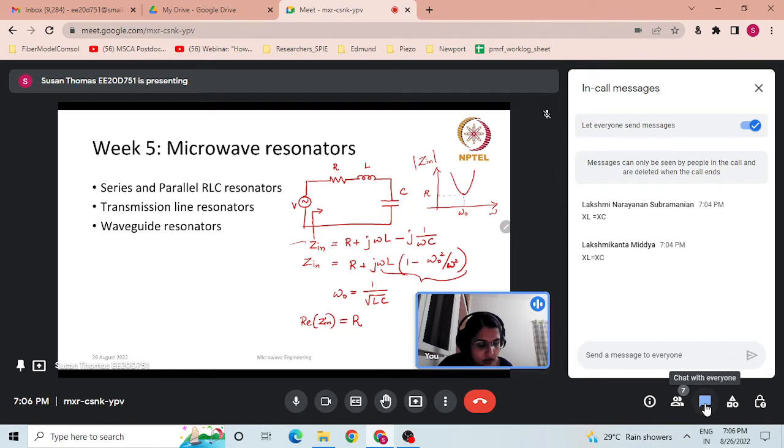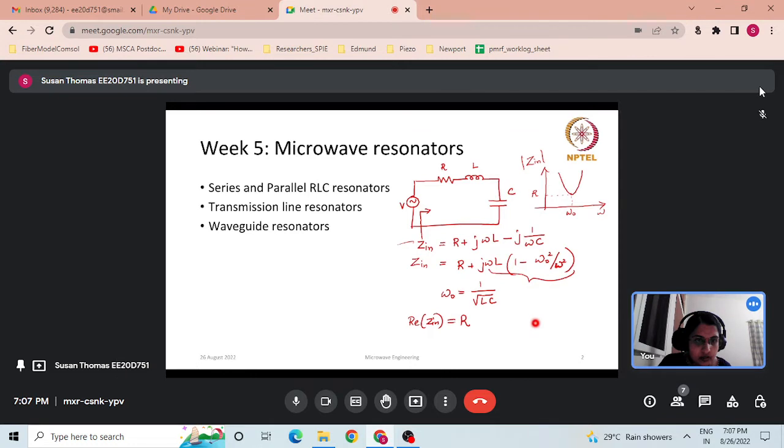So at the resonant frequency the magnitude of the input impedance is minimum and equal to R. That is nothing but your condition of resonance.